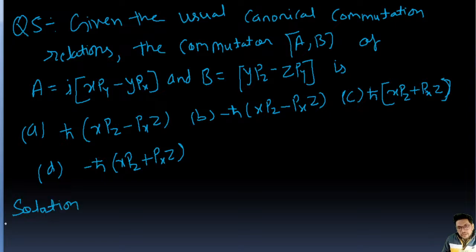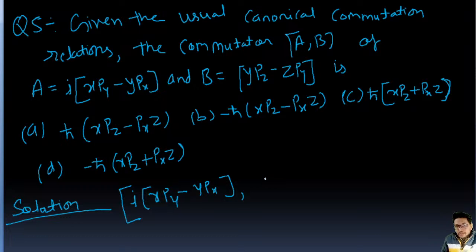Okay, so we'll solve it. Solution. AB is going to be iota (xpy minus ypx) commutation with (ypz minus zpy).